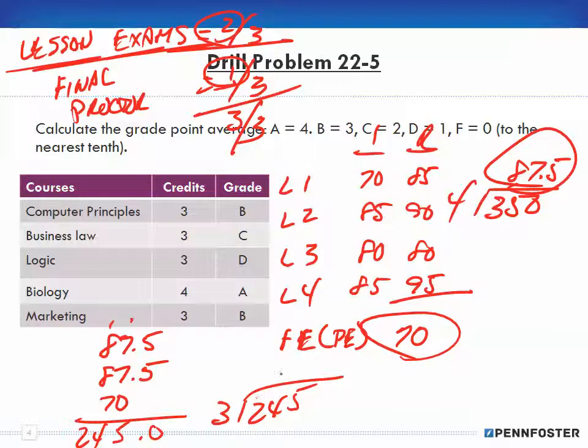You divide it by 3. So that gives you an 81 point, let's see, 3 into 5, so 20, like an 81.6, approximately your final grade for that particular subject, and an 81 ends up being a B.